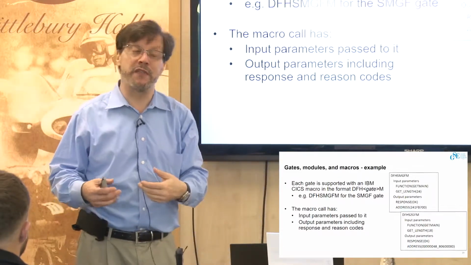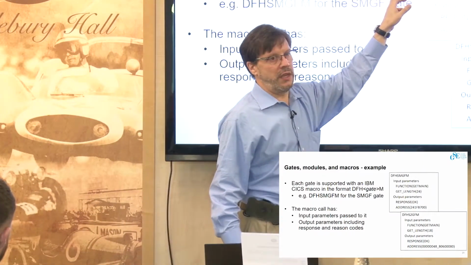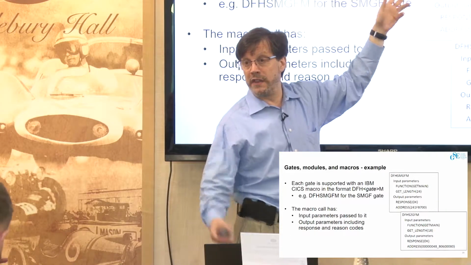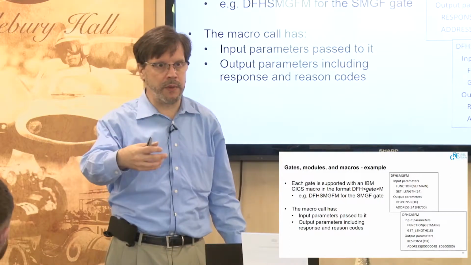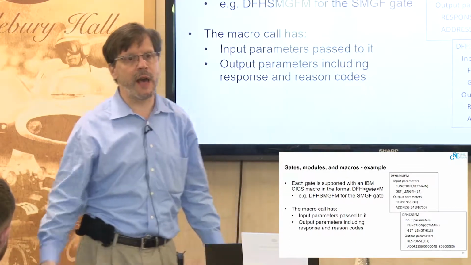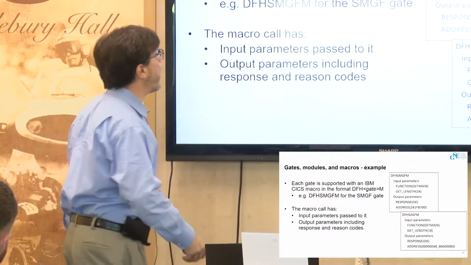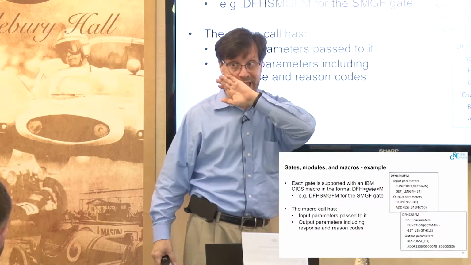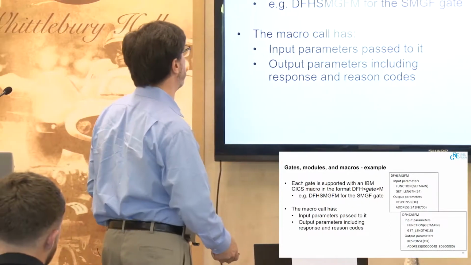IBM lets you use some of their macros within an exit, the DFHSMGFX macros for the XPI. And if you want to know what parameters to set, there's a copybook called DFHSMGFY. So the Y copybook would show you how the X macro works and how the M macro works as well, and that's how you could learn about what the parameters are.